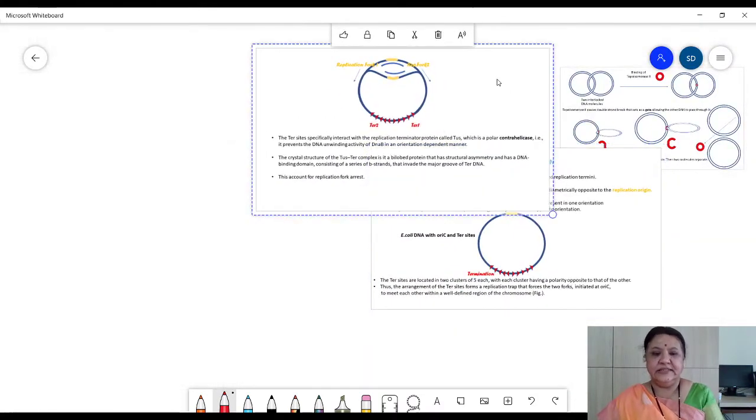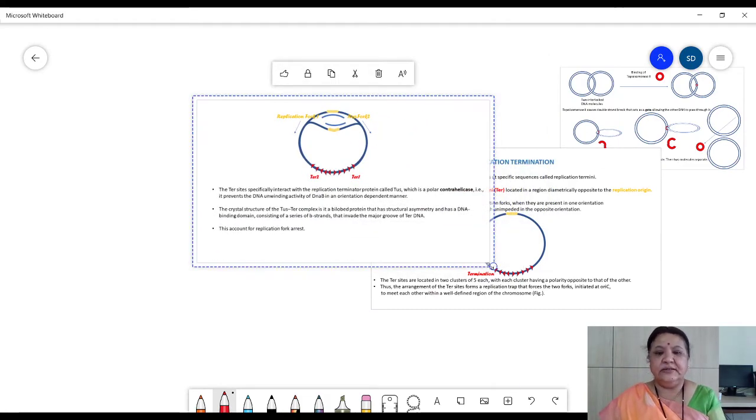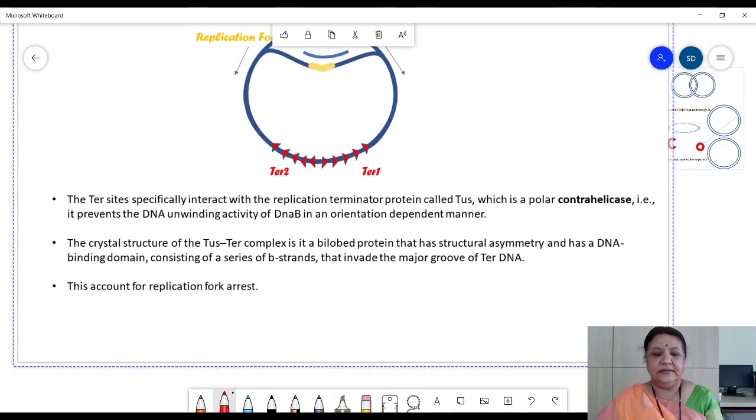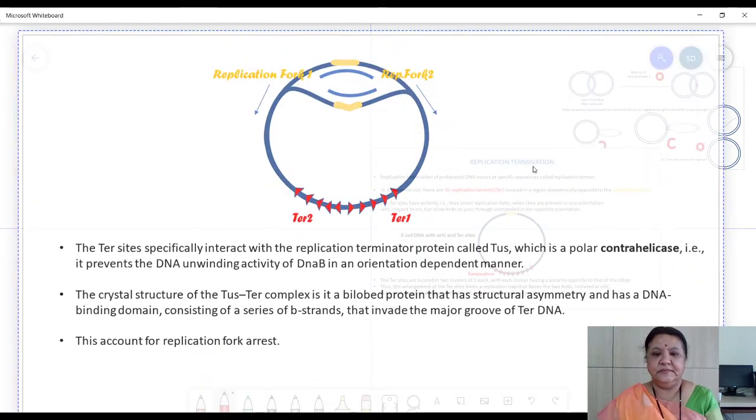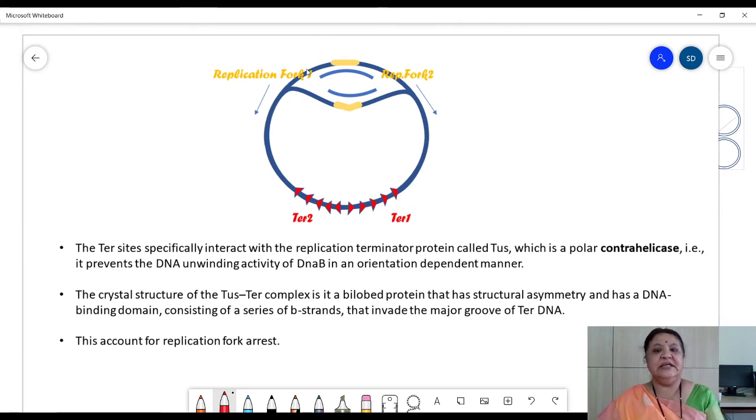So let us take this slide, and you can see over here the replication bubble or replication origin from where replication has started. These are two replication forks, and they are moving in opposite directions. For better understanding, I have denoted this replication fork as 1 and this replication fork as 2.